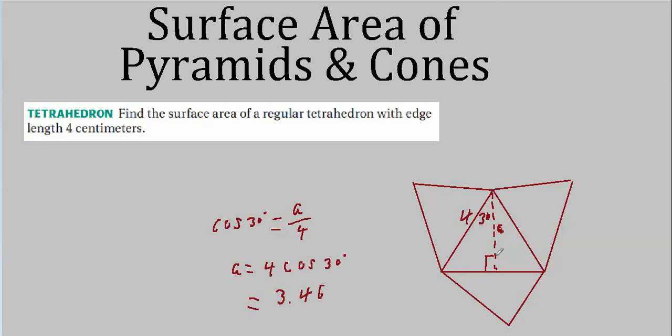The base is 4. So the area for one triangle, call that A sub t, equals 1/2 of the base, that's 4, times the altitude, or 4 times 3.46. Or we can just cancel these and write 2 times 3.46.